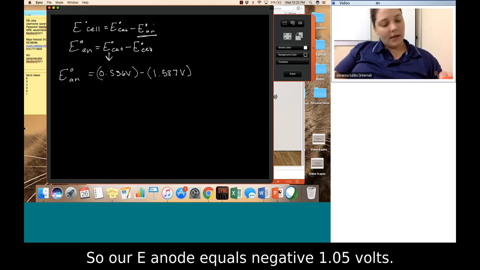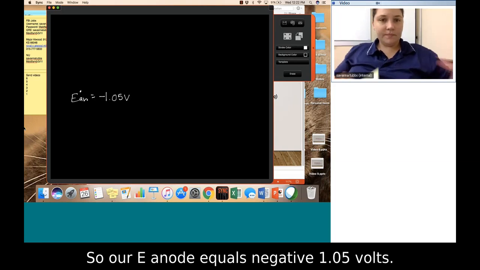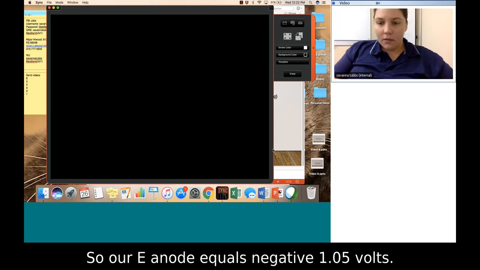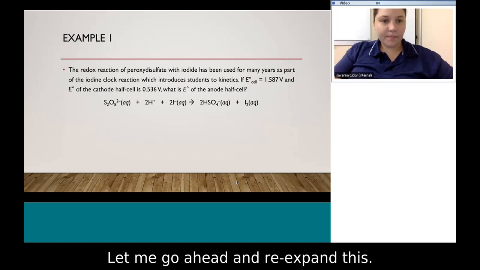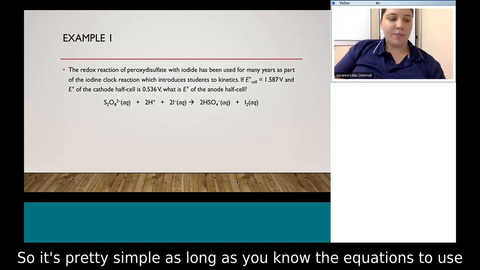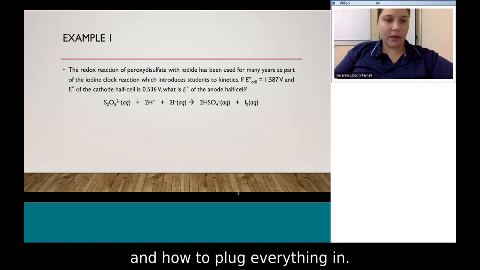So our E anode equals negative 1.05 volts. Let me go ahead and re-expand this. So it's pretty simple as long as you know the equations to use and how to plug everything in.